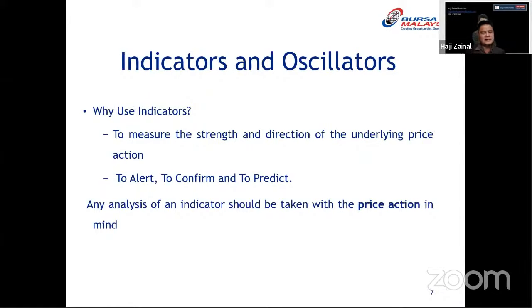Next question: why do we need to use indicators? Can't I use only the price, or the price action? Yes, you can use the price action, but sometimes you are not very sure. Is it an uptrend or a downtrend, or is it overbought or oversold? So you need another indicator, another instrument or tool, to determine that.